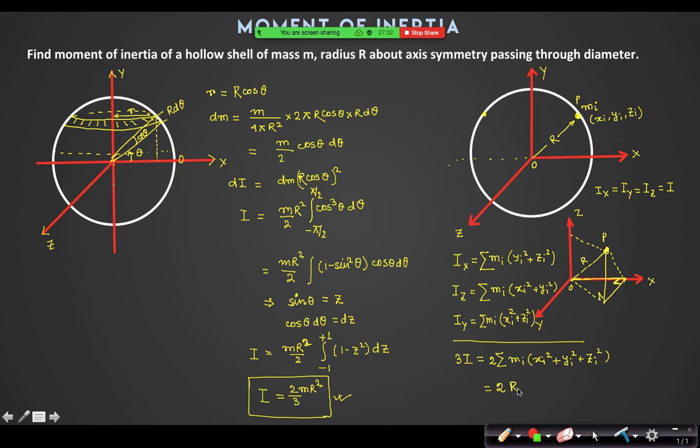And can I say it is 2r square summation of mi only, which is 2mr square? So what is I? I is equal to 2 by 3 mr square. Right? That is also another proof of the same expression.